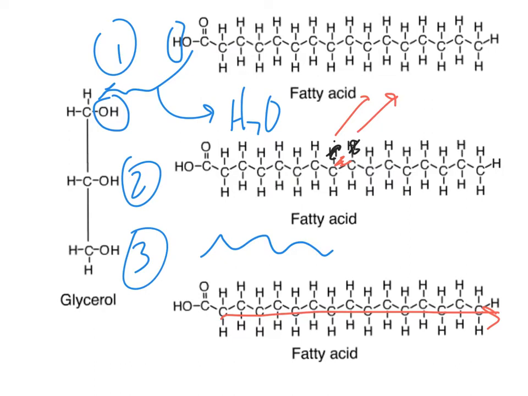So that's not a saturated fat. That's an unsaturated fat. And that's the difference between a saturated fat, all hydrogens, all single bonds, and an unsaturated fat: at least 1 double bond, and therefore it doesn't have all the hydrogens that could be held by the number of carbons there.